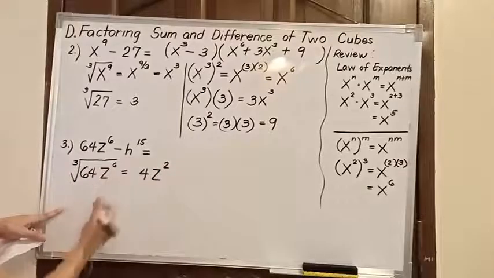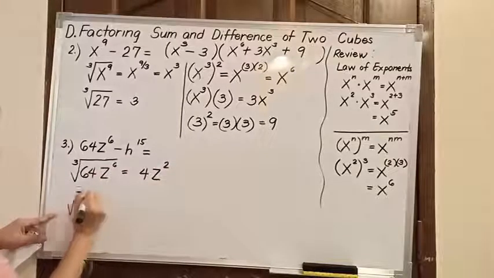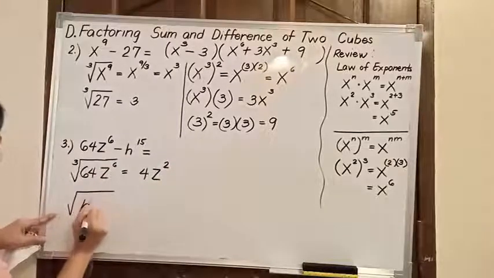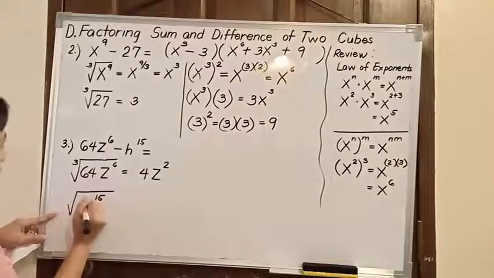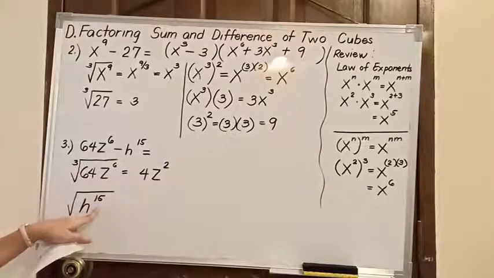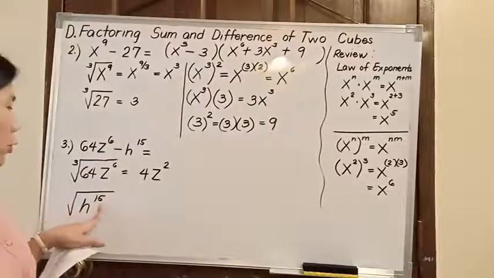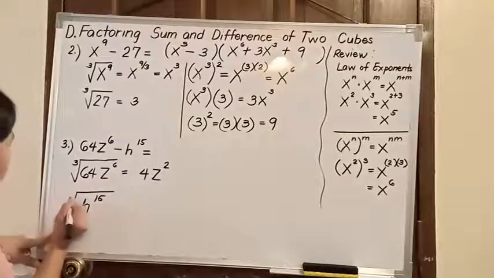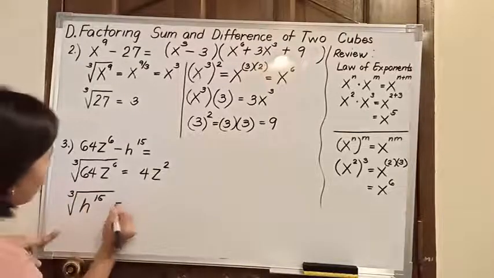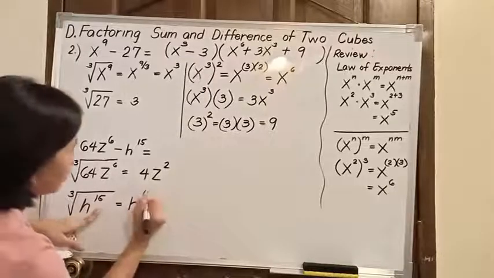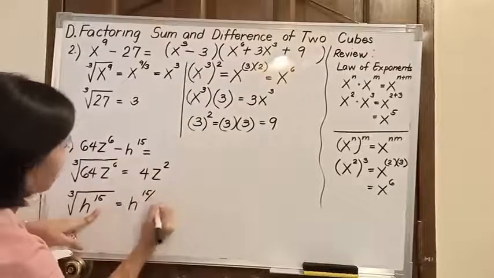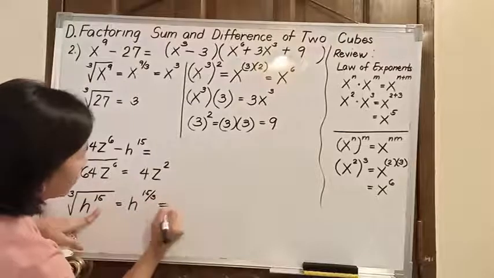Next, the second term is h raised to the 15th power. 15 is divisible by 3. So, h to the 15th power is also a perfect cube. And the cube root is h raised to 15 divided by 3 for the exponent.